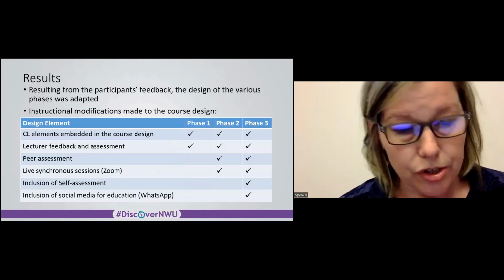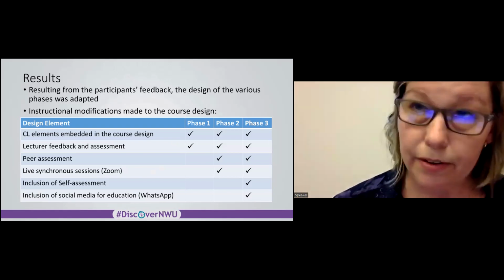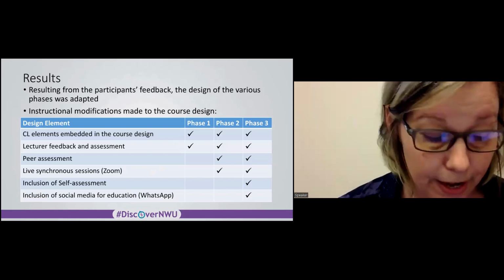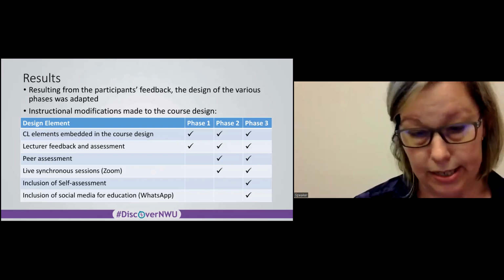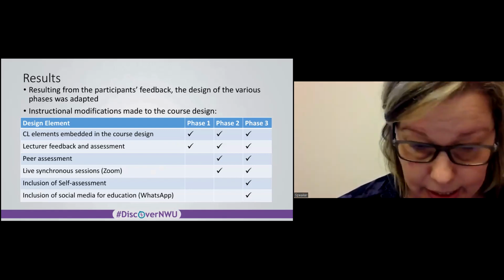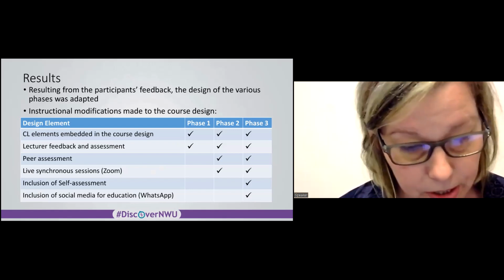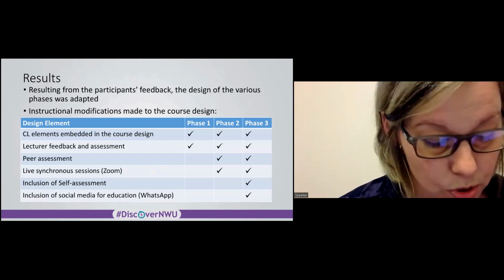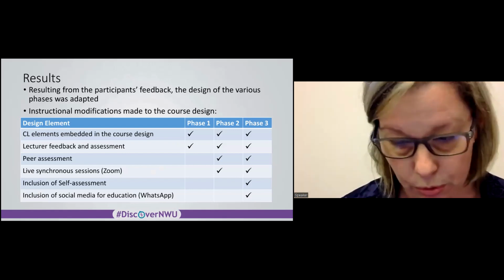So continuing the results, resulting from the participants' feedback in each of the phases, the design of those various phases over the 3 years was adapted. And the instructional modifications basically were as follows, as you see on the screen. In addition to the cooperative learning elements that were embedded in the course, and also the lecturer feedback and assessments, that was there throughout all 3 phases.